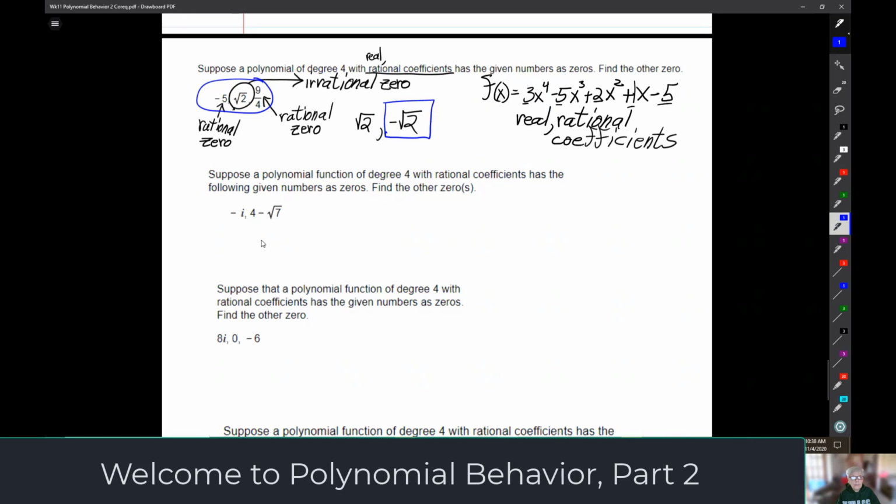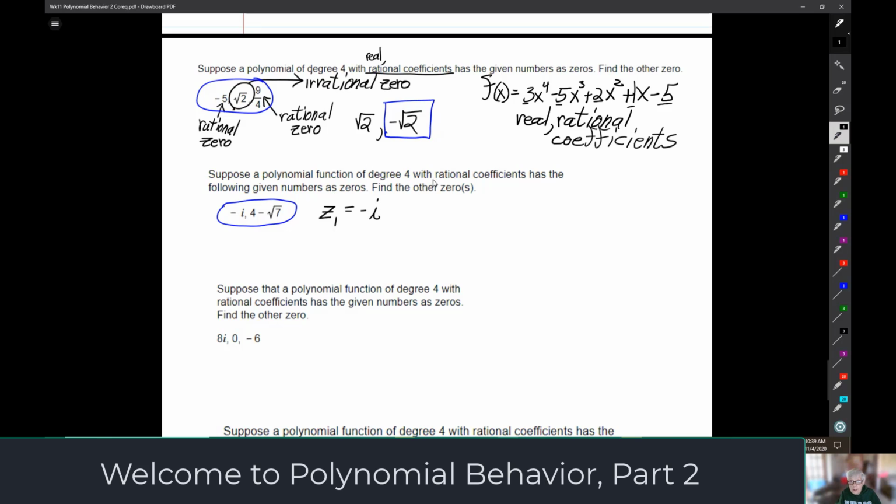Let's look at this. Here you've got a polynomial of degree 4. These are what are called the given zeros. That is, they're given to you. There's a zero, we'll call it Z1. There's a zero that equals negative i.